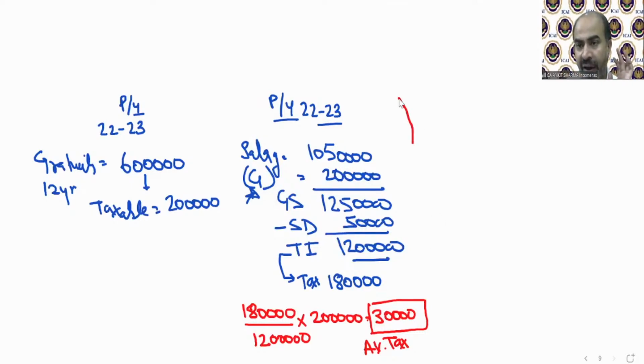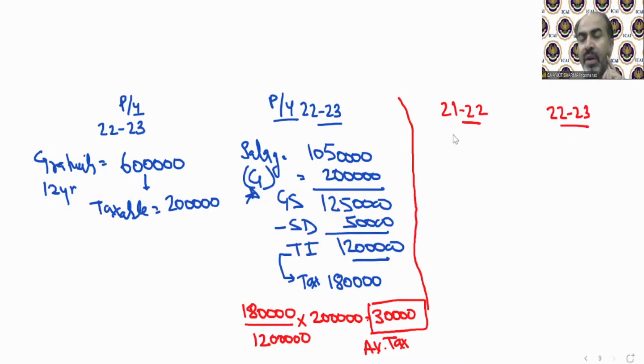Now we need to find, if this gratuity is taxable in two previous years equally, what the average tax on that gratuity would be. That is previous years 21-22 and 22-23. These 2 years' salary income, etc. will be given in the question.